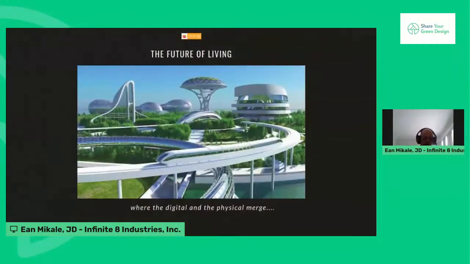So when we talk about the future of living, it is very interesting. We're really talking about the digital and the physical spaces truly merging, and for an individual going in and out of the metaverse at will. I was able to see this to a certain extent when we presented for the first time while inside the metaverse and simultaneously in the real world, right?